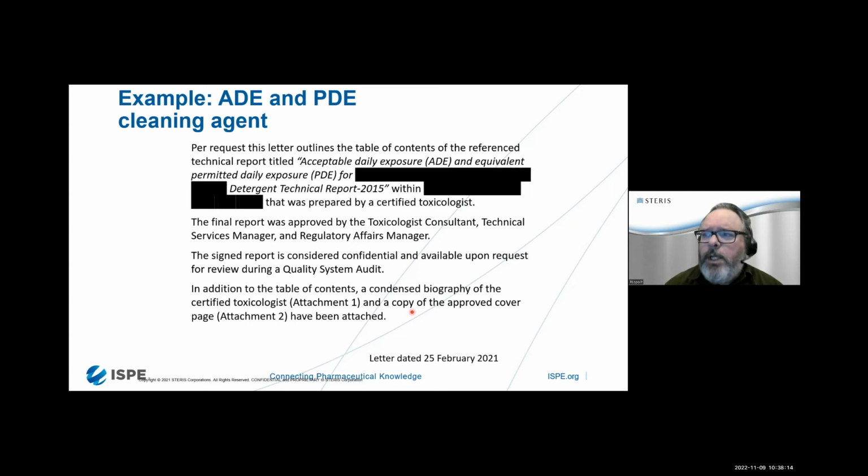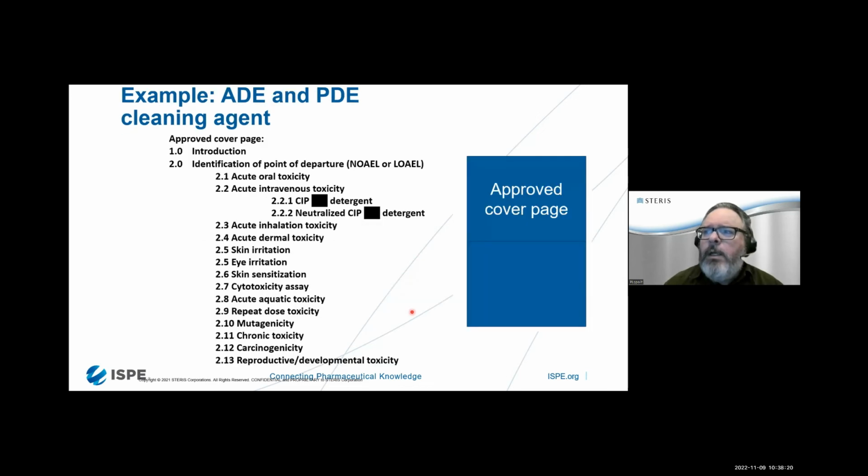So again, you're thinking about what supportive documentation around that value you've been provided. Some of the internal reports would be things like the point of departure, as well as any toxicity information that was reviewed as part of the package.